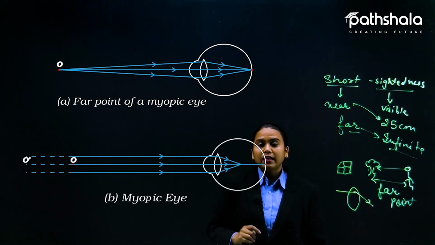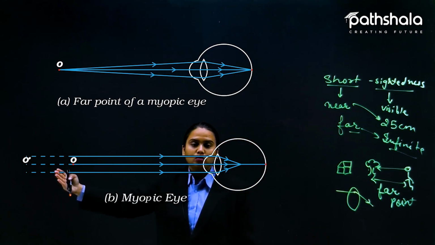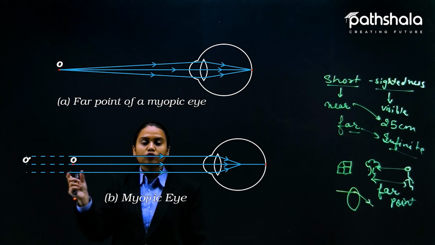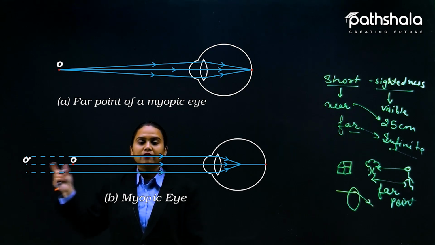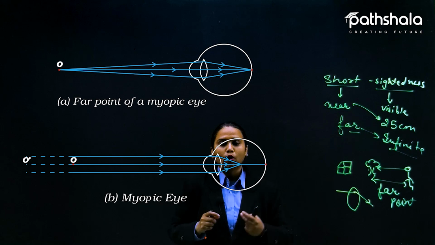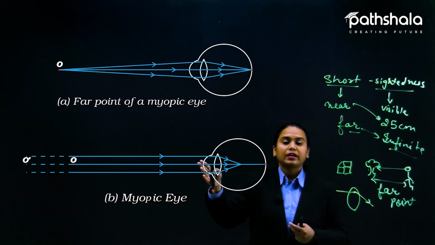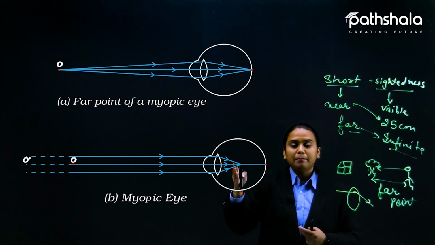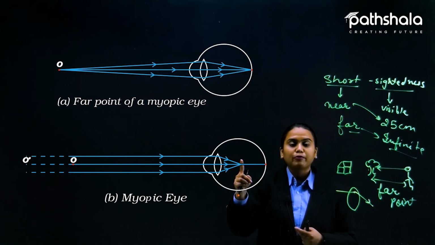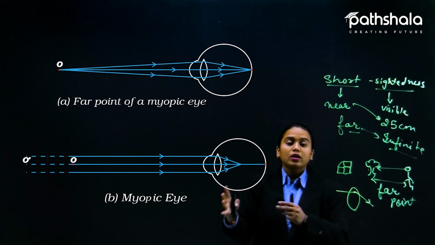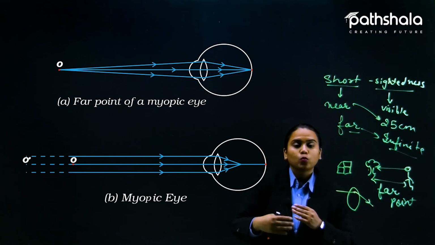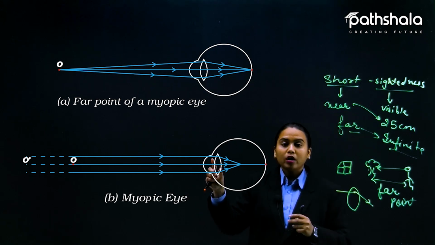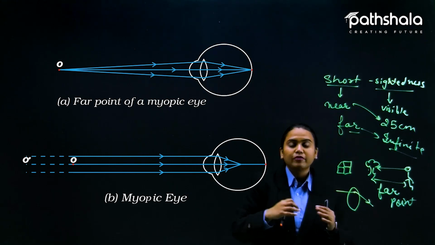Now if there is a house beyond this tree, here O is the furthermost point, and beyond that we have O dash, the hut point. The light coming from here is getting bent before the retina. So what were the two causes? The eyeball getting elongated, or the curvature becoming excessive.